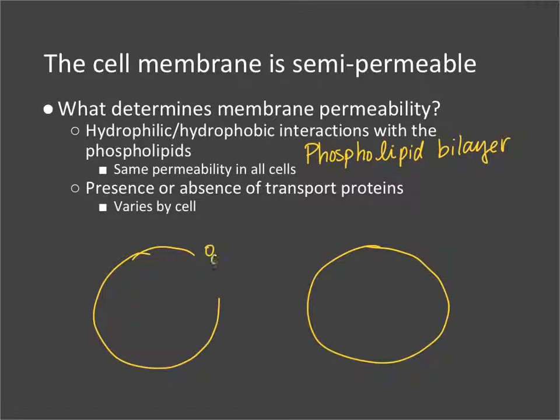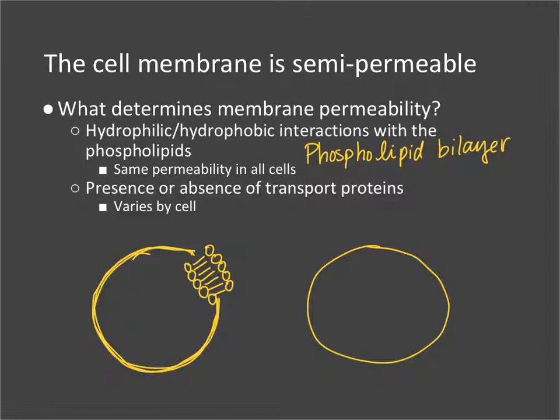So if we were to draw this phospholipid bilayer, we would see the phosphate heads on the inside of the cell and the outside of the cell membrane. And then we have these lipid tails that are in the middle. So remember, this would go all the way around. I'm just being lazy by drawing just a line for the rest of the cell membrane.